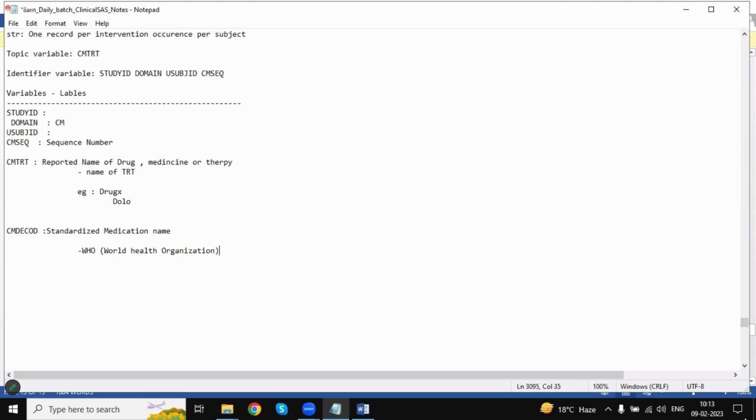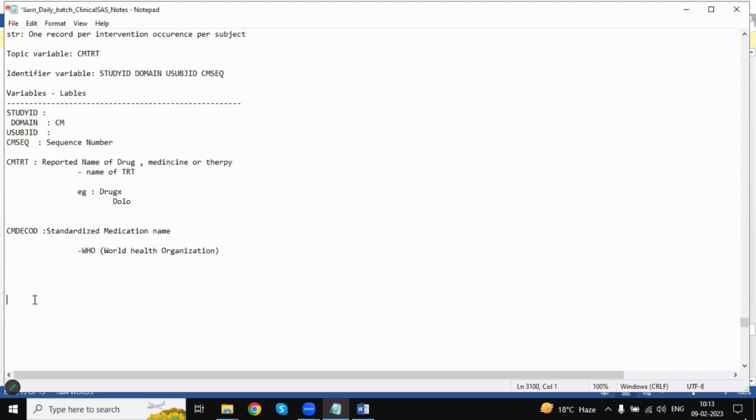As per the WHO dictionary, what is the standard name for CMTRT? For example, Dolo is there. What is this drug name as per the WHO dictionary? That name will be captured in the CMDECOD variable. This is directly given in the raw data set itself, so you can assign this information directly to the CMDECOD variable. You don't need to manually check any document here.